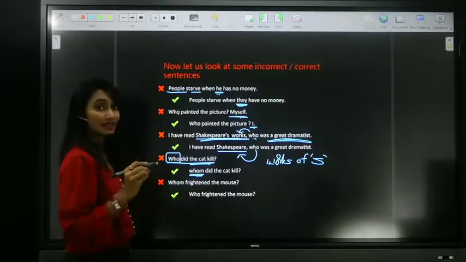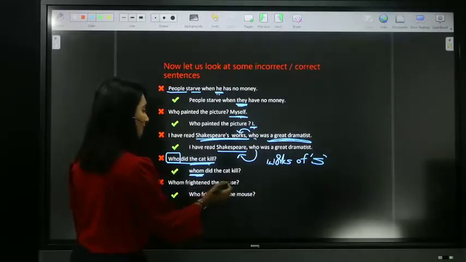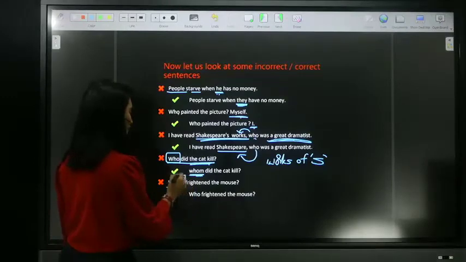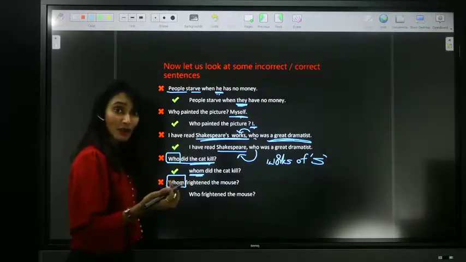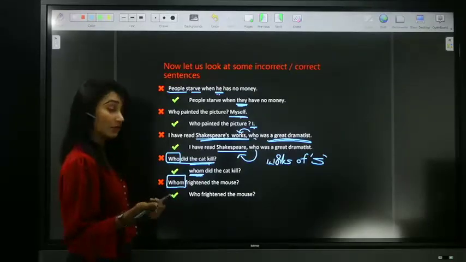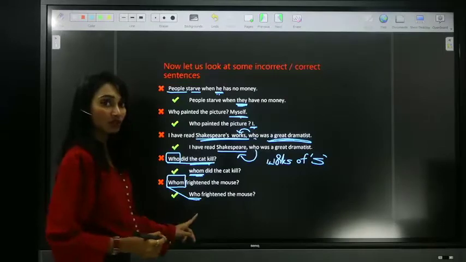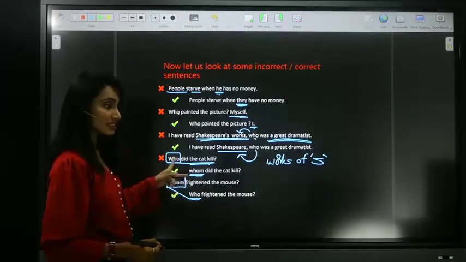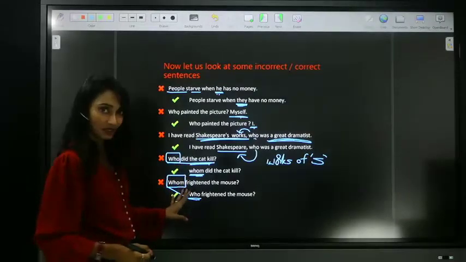Whom did the cat kill? Look at this one. Whom frightened the mouse? Did the mouse frighten someone, or did someone frighten the mouse? Someone frightened the mouse. So who frightened the mouse? We require the subject case. So try to analyze these two sentences and know the difference here. I hope it is clear to you.